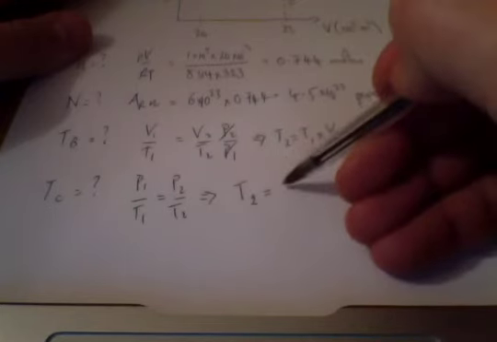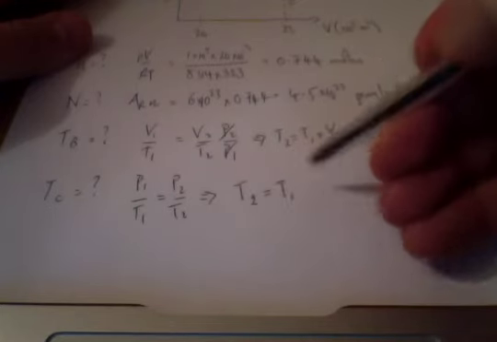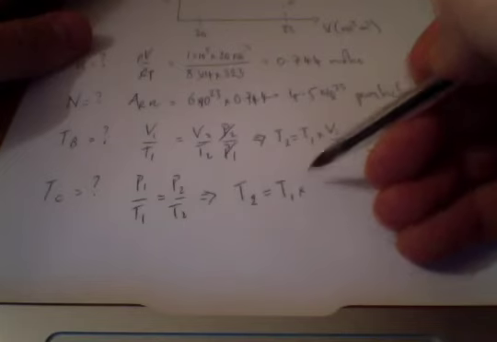What about the temperature at C? Well, this time I can ignore the volumes because it's a constant volume, so I can say the pressure is equal to the ratio of temperatures. So I want the temperature at the second point. It's going to be the initial temperature multiplied by the change in the pressures.